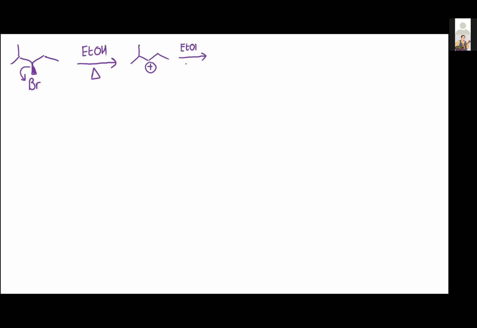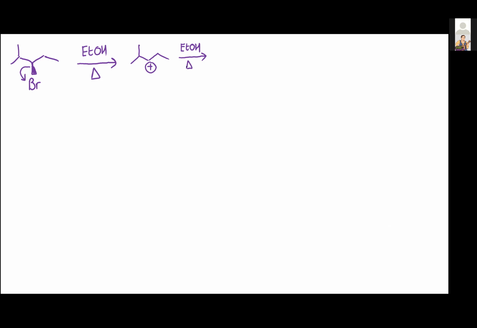Now, is it going to be doing an elimination or a substitution? I would accept both. An argument for an elimination is you're going to need a lot of heat to make this go, and heat favors the elimination. The argument for the substitution is it's a secondary carbocation, so it's quite accessible.